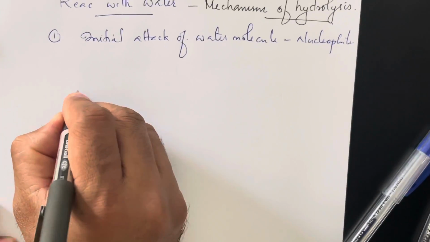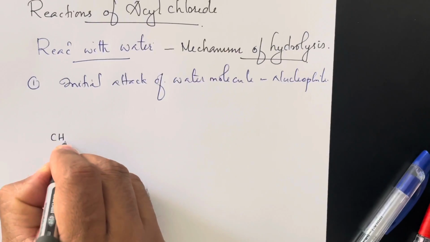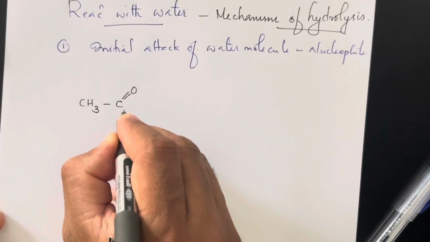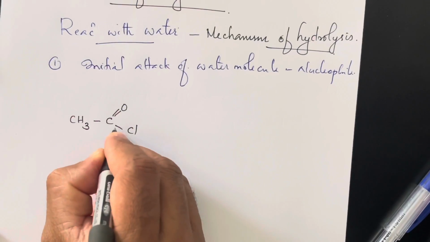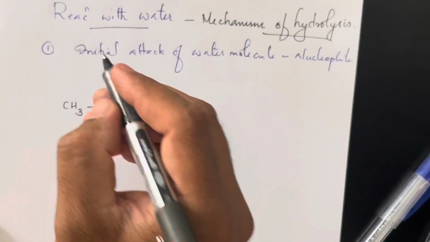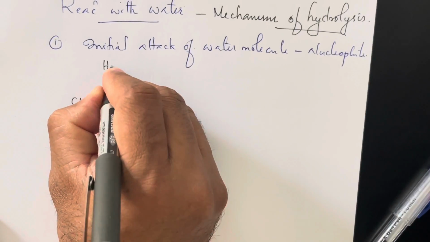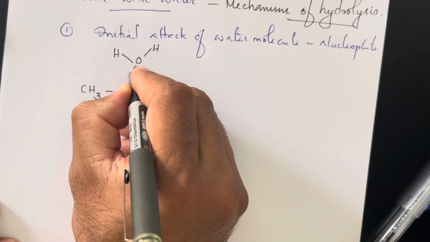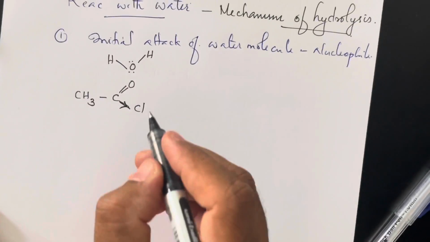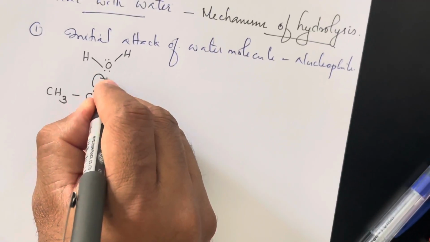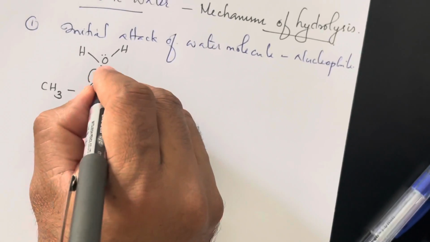Now we are taking an acyl chloride. Here I took ethanoyl chloride, CH3COCl. Then water is there. This oxygen contains lone pairs of electrons. This bond will be shifted to this oxygen atom.